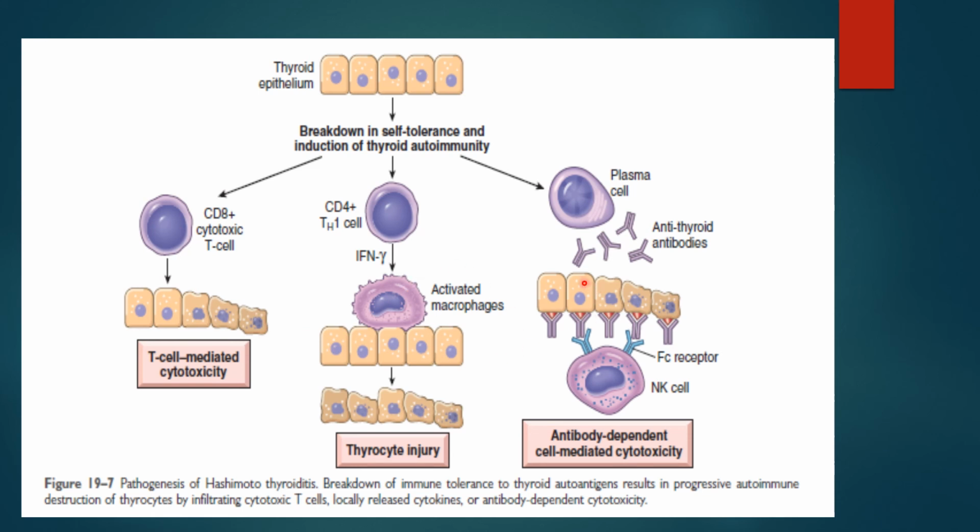So by these three mechanisms, the thyroid follicular cells, because of the presence of autoantibodies, are destroyed, and when the thyroid epithelium reduces, the cell decreases in number, there is a decreased production of the thyroid hormones, and the condition occurs, that is hypothyroidism.